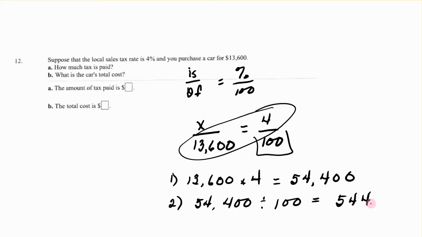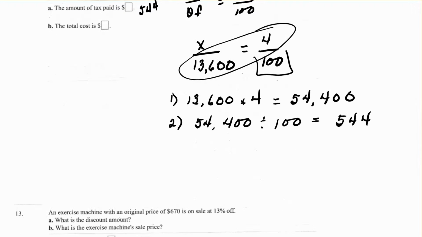All right, we have to do a little bit more with that. Now it says, that's your tax, $544. And by the way, our tax rate is higher than that, and most new cars cost a good bit more than that. So you really spend a lot of money in tax. Now it says, what's the total cost?